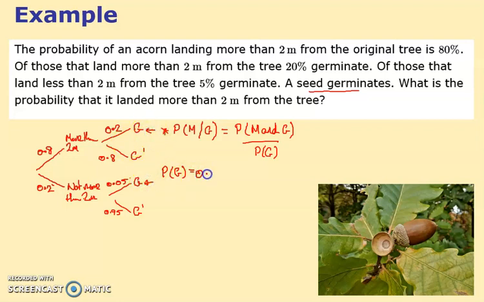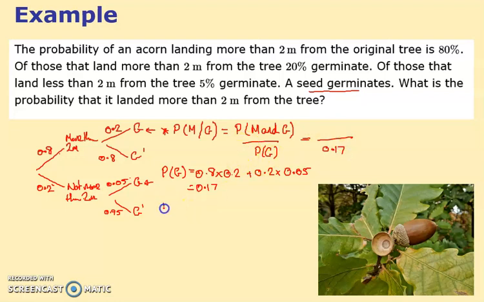So it's 0.8 times 0.2 plus 0.2 times 0.05. I might have done actually the hardest one first, but never mind. So what is that? That's 0.8 times 0.2 plus 0.2 times 0.05, 0.17. So that's the bottom bit. I now know is 0.17.